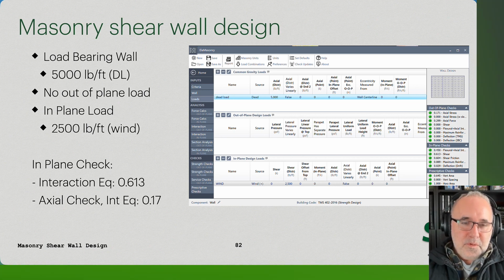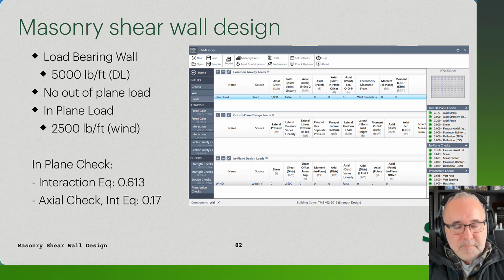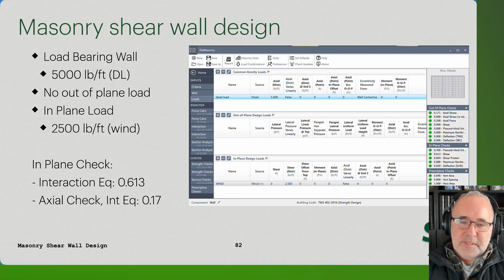If I add even more load, you can see the same interaction equation for the in-plane check, and my axial check goes up a little bit. Obviously, I'm adding more load. So by adding more load, we can certainly add more moment capacity and have a better overall design if we make that shear wall a load-bearing shear wall versus a non-load-bearing wall.